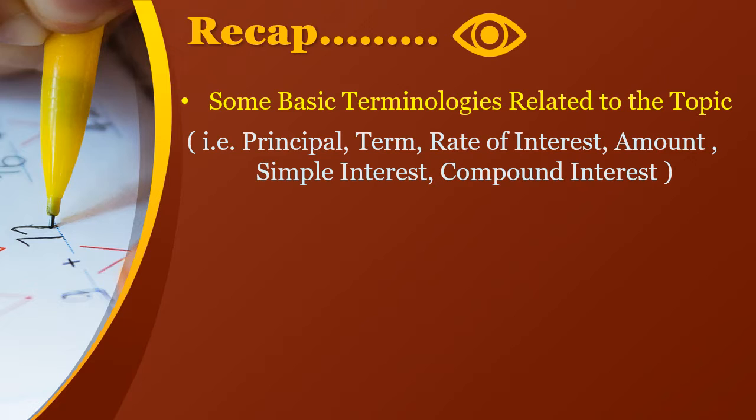When interest is calculated on the original principal, whatever the term may be, it is called simple interest. And when the principal plus accumulated interest is added and we charge interest in the next year or next period on that amount, it is called compound interest.